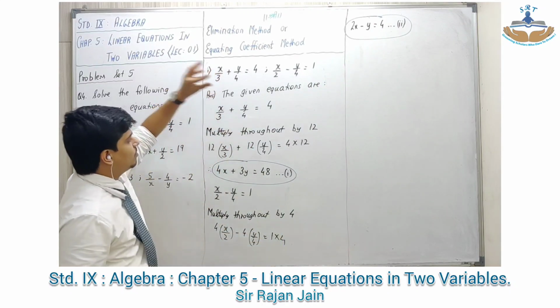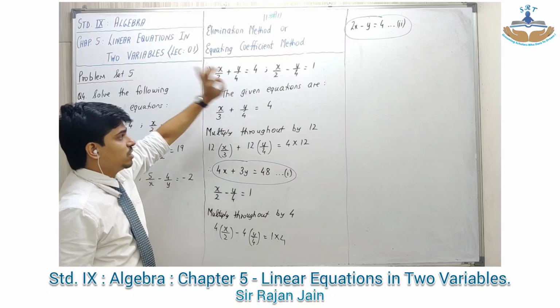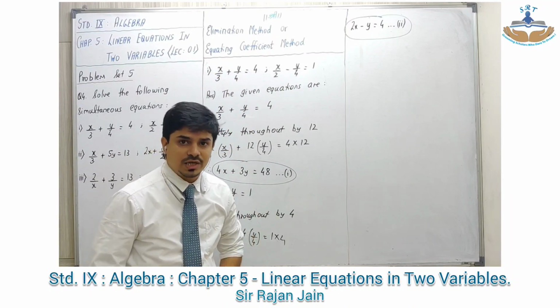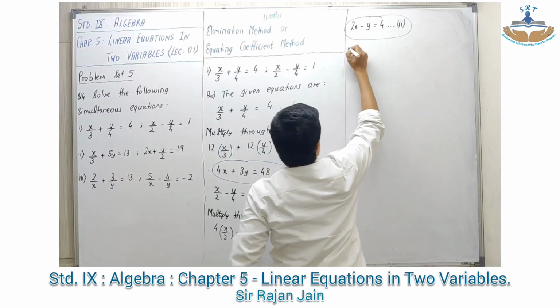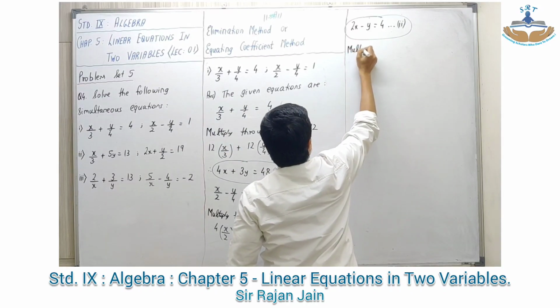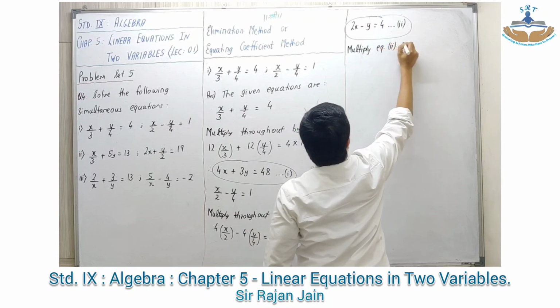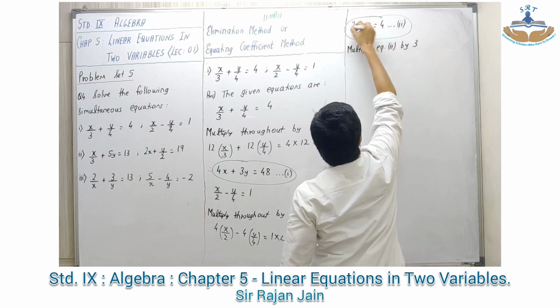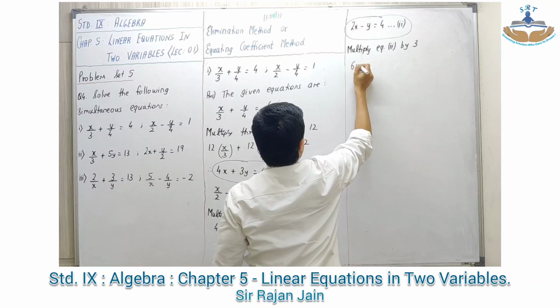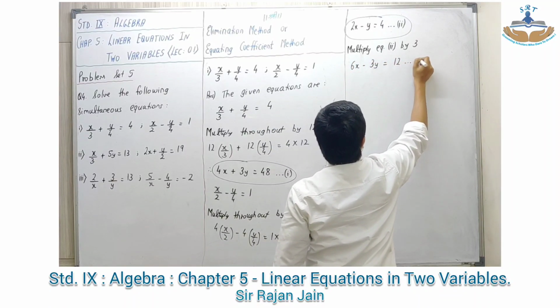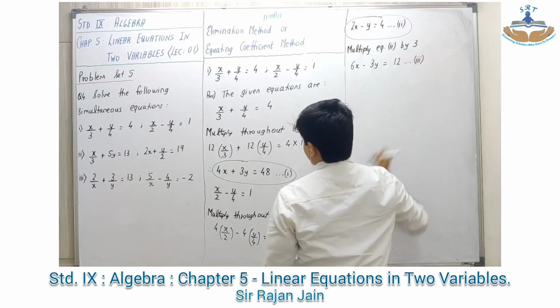That if there are denominators, first remove the denominators. Convert them into the standard form that is required. Okay? So now I say multiply equation 2 by 3. If I multiply this equation by 3, you will get 6x minus 3y equal to 12. This is your equation number 3.